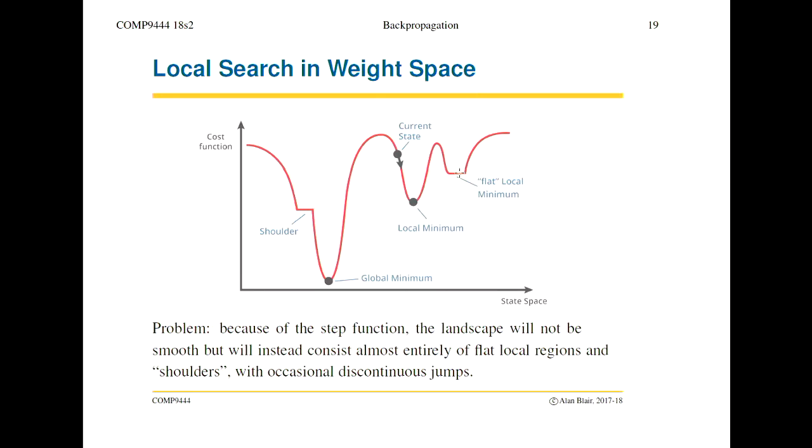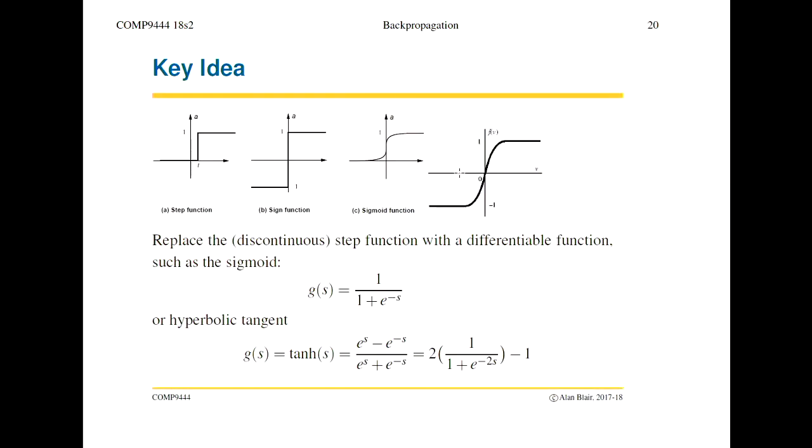Now, the problem is, the real key idea here is to change this transfer function. The transfer function we originally looked at was a step function. If the linear combination was less than 0, the node outputs 0, and if it was bigger than 0, it outputs 1. So you got this discontinuous change.